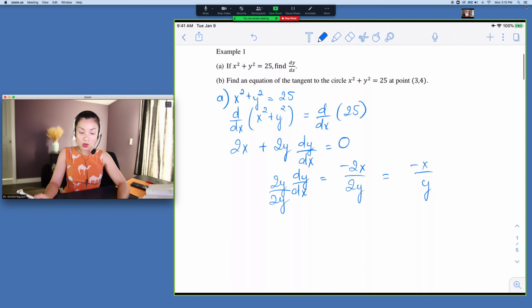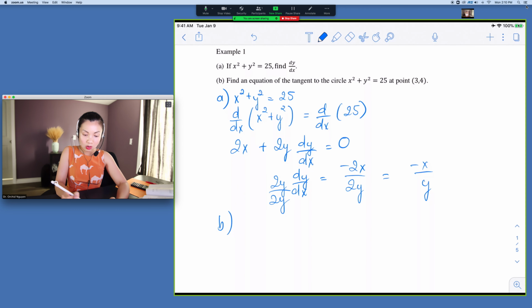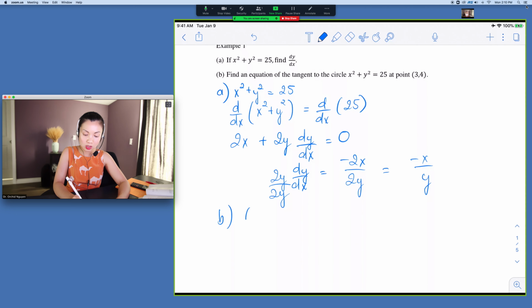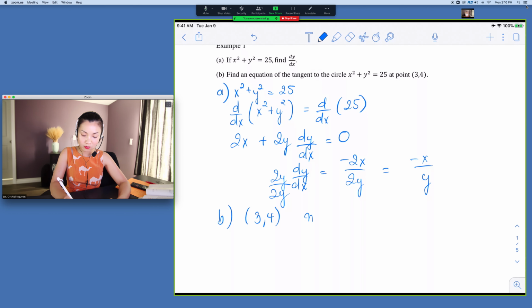For part b, we have to find the equation of the tangent to the circle at the point 3, 4. I'm going to use that point to find the slope. The slope of the tangent line is the derivative, which gives negative 3 over 4.